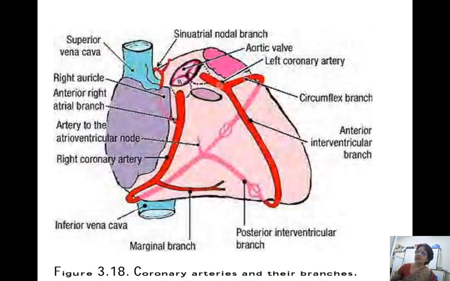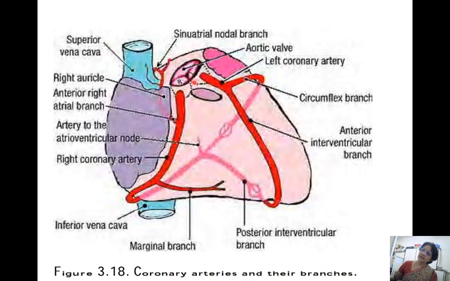And then for the left, this diagram is possible only because you cut off the two emerging great vessels. If you remove them, you will be able to see that this right coronary is coming from the anterior aortic sinus, this bulge just above the aortic valve.